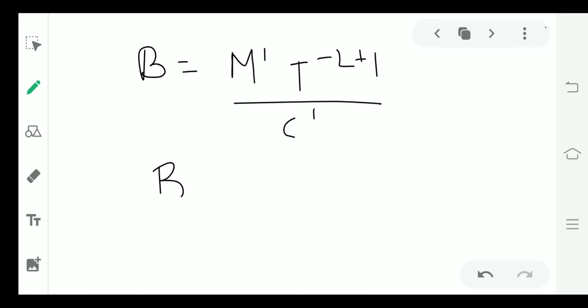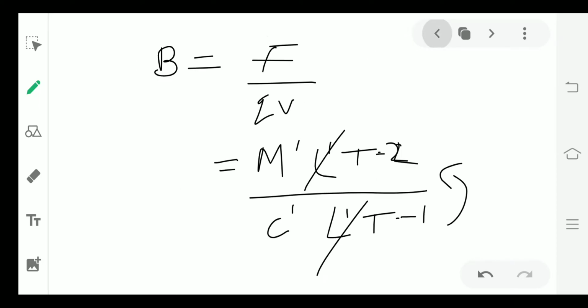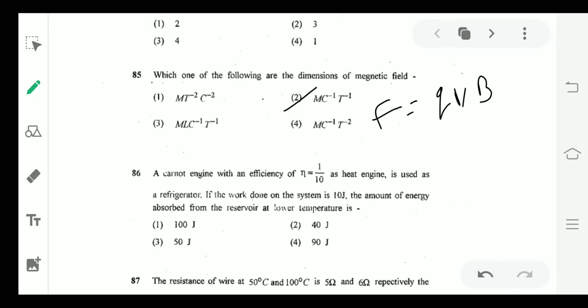So B equals m1 t minus 2 plus 1 upon c1. So the final dimensions of magnetic field are m1 c minus 1 t minus 1. So our answer will be option second.